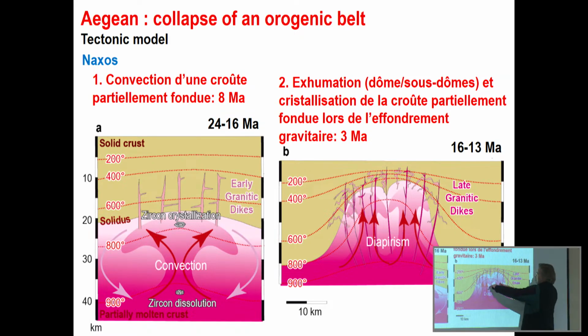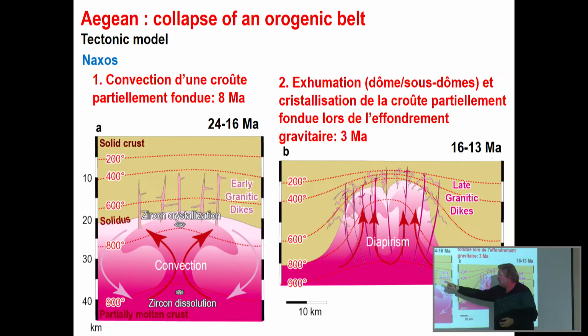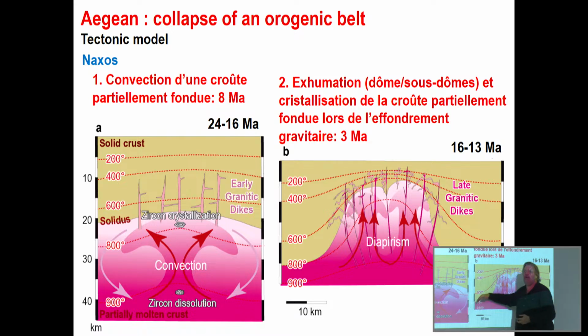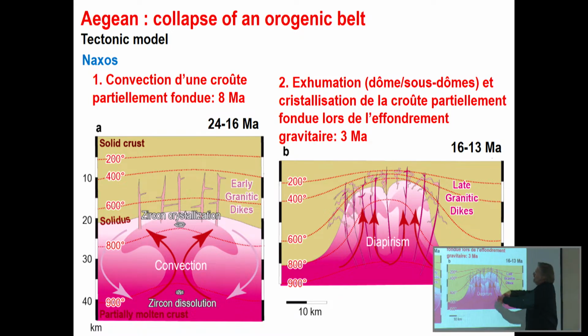And the latest dikes, 30 million years, record the timing of dome formation. So we propose here that there was a first stage of convection without doming, and then doming. That is the end, the last diapir, if you want, within that partially molten crust.